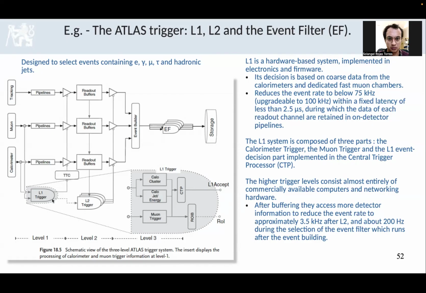They didn't have continuous readout, so they were basically doing triggers. For example, for level 1 they have conditions for calorimeter clusters, calorimeter identification of jets or amount of energy, or some triggers on the muons detected in the muon chambers.